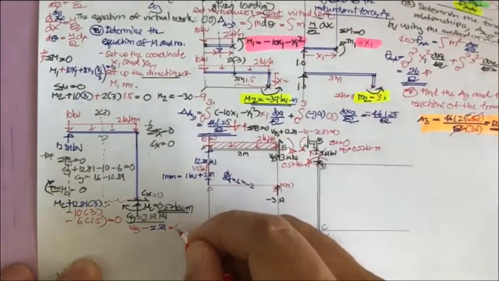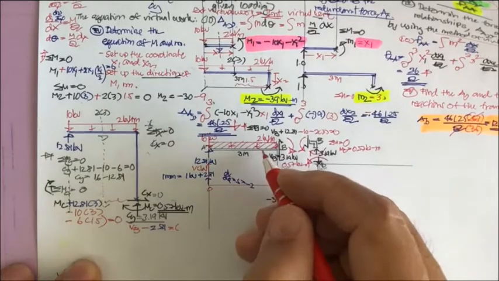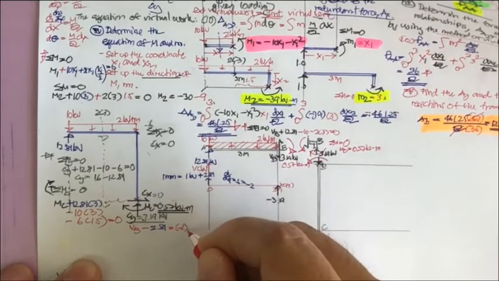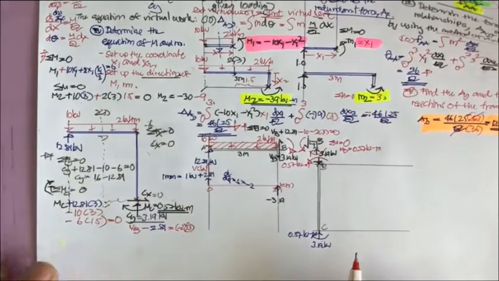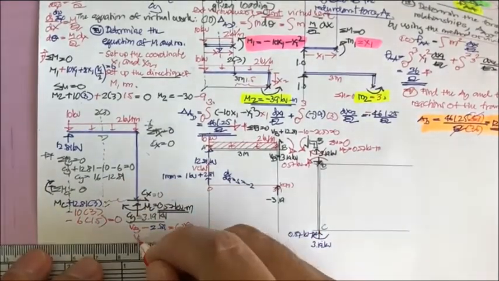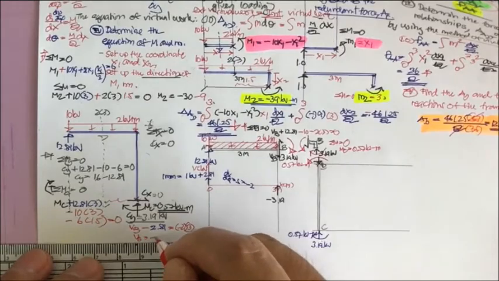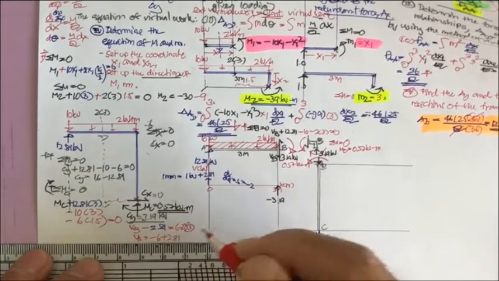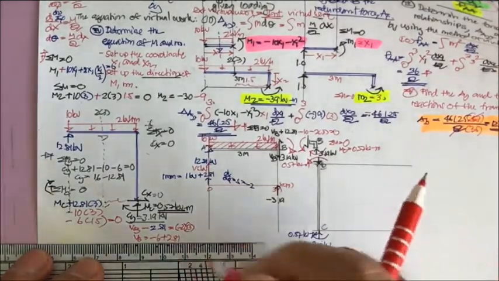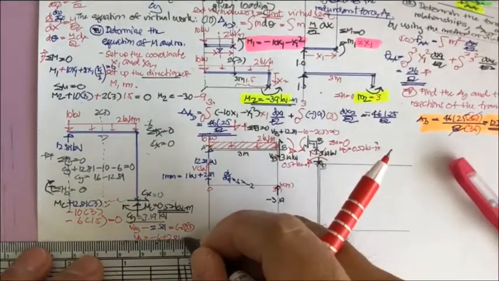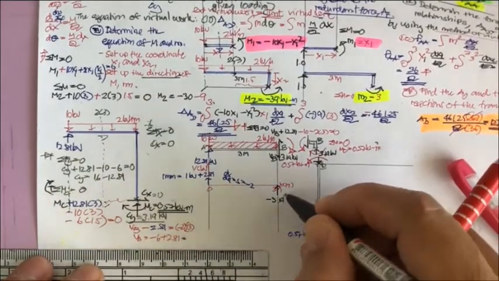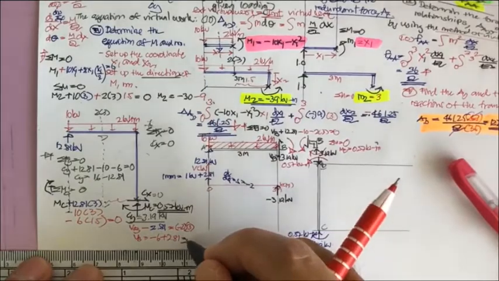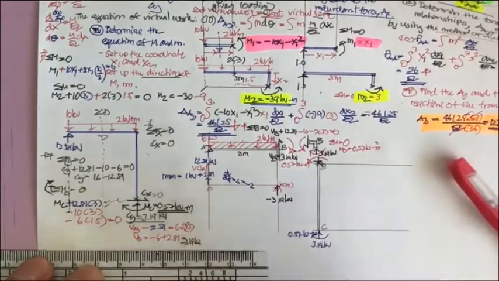That is equal to minus of 2 times 3. So your V sub B is going to be minus 6 plus 2.81. So the answer is going to be equal to minus 3.19 kilonewton.